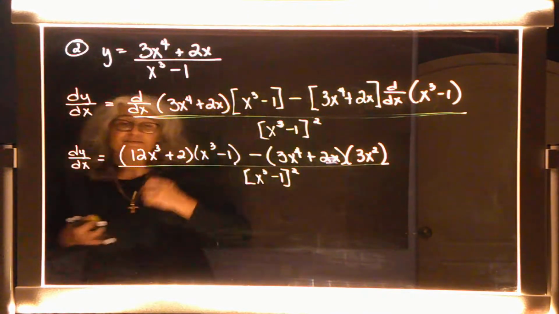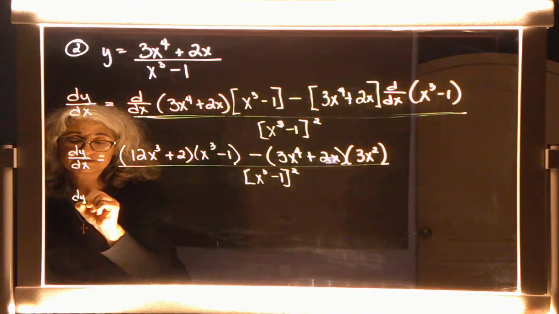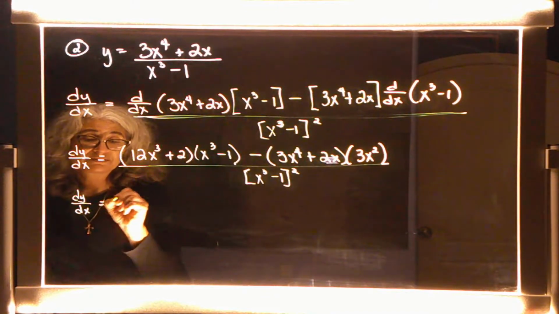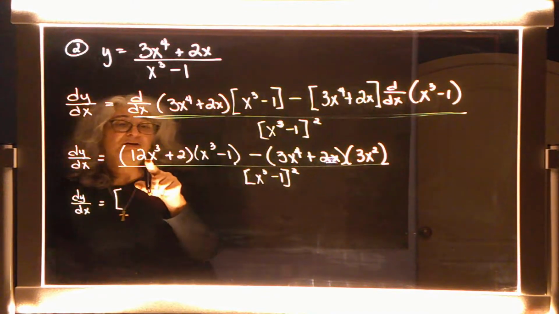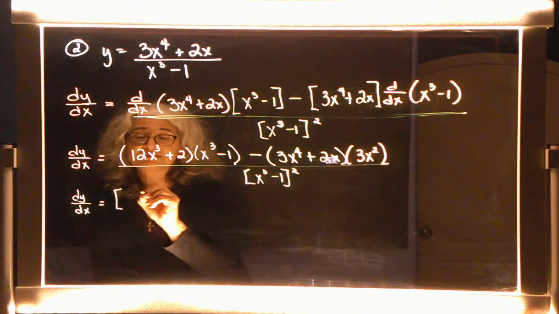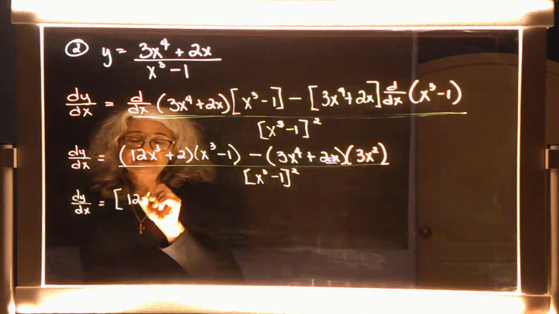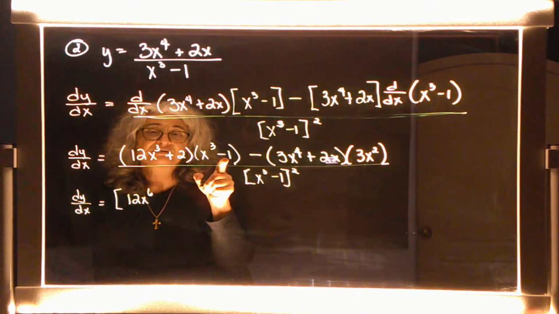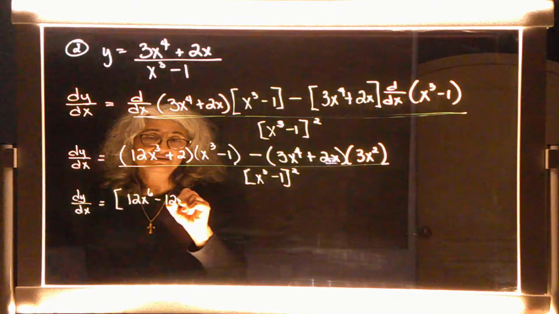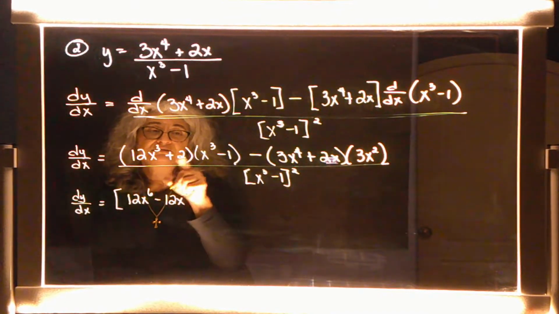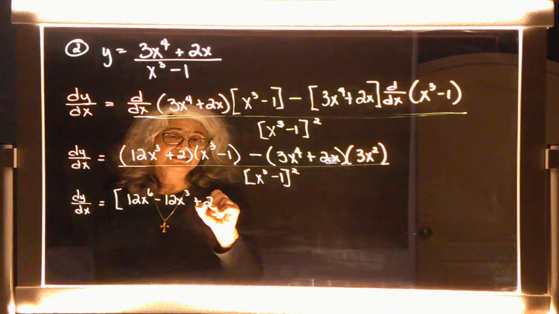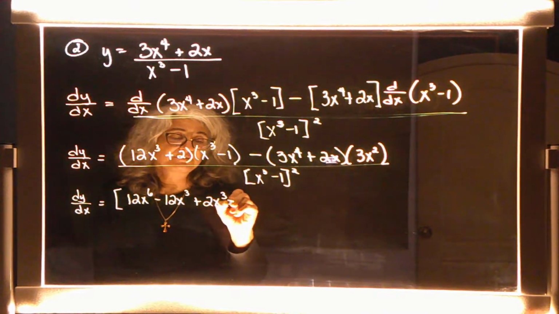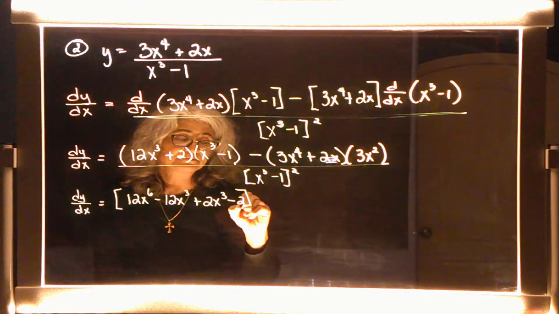So, we've got some distribution to do, don't we? So 12x cubed times x cubed. Good, 12x to the power of 6 minus 12x to the power of 3 plus 2x to the power of 3 minus 2, right?